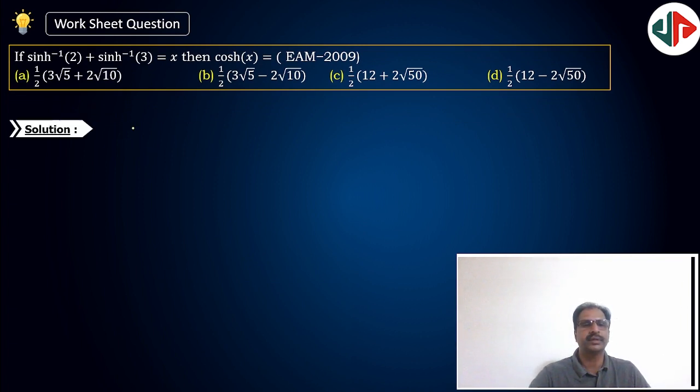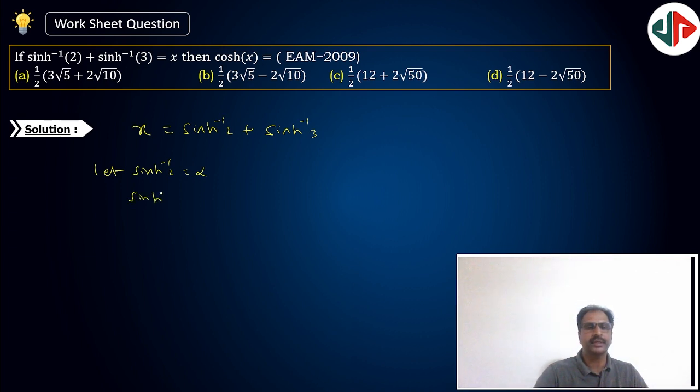Next, x is given as sinh inverse 2 plus sinh inverse 3, and we have to find cosh x. Let sinh inverse 2 be alpha and sinh inverse 3 be beta. This implies sinh alpha is 2, sinh beta is 3.